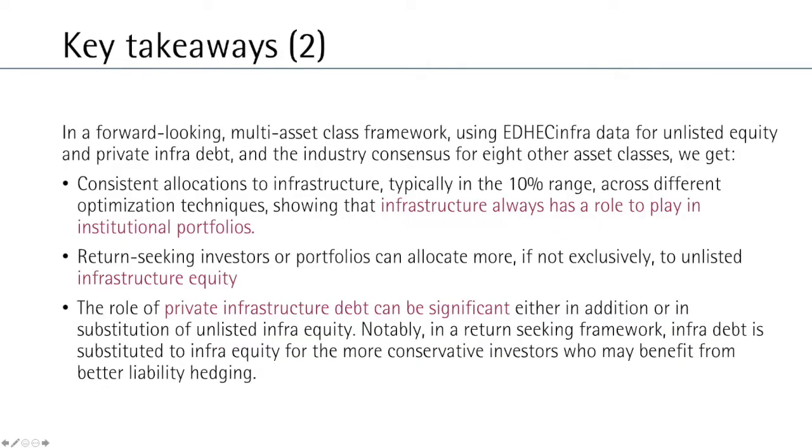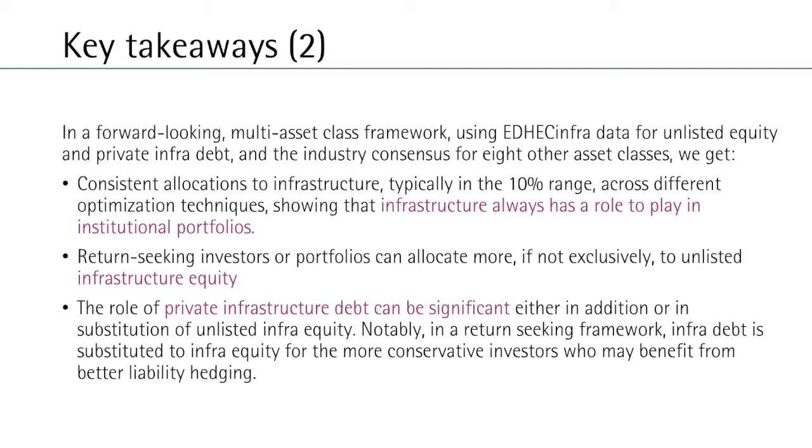Second set of takeaways. In a more forward-looking multi-asset class framework, using EDEC Infra data for unlisted infrastructure equity and also private infrastructure debt, as well as the industry consensus for other asset classes. There were several questions during the webinar about why we had this and that allocation to other asset classes. And it's mostly the result of this industry consensus information that we've added to this exercise. So it's not really the result of anything that we've done.